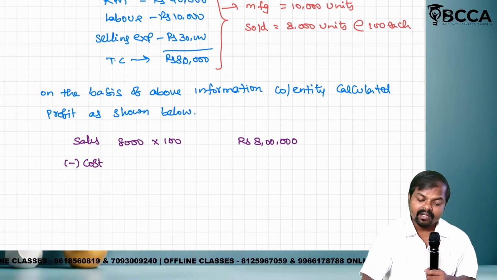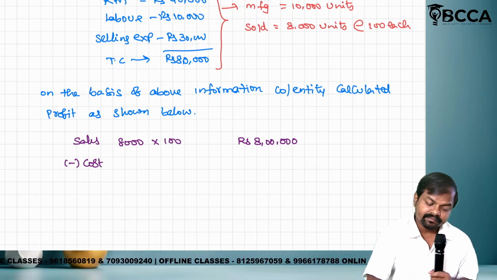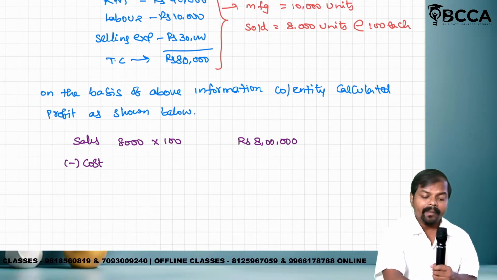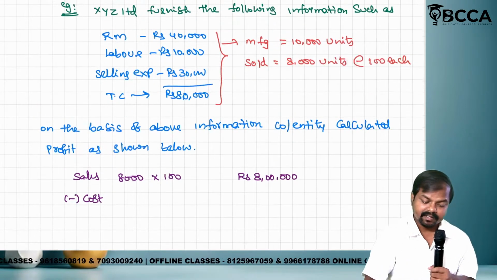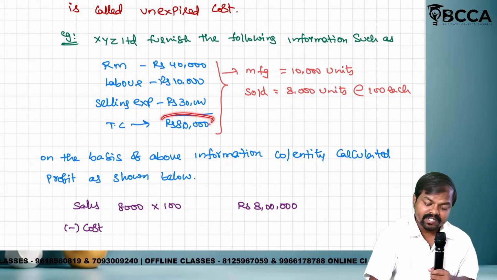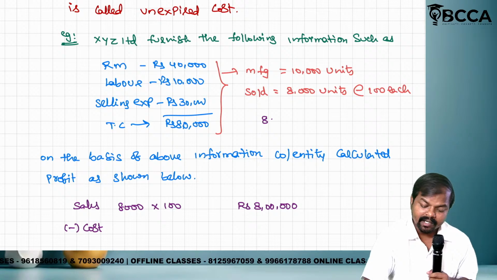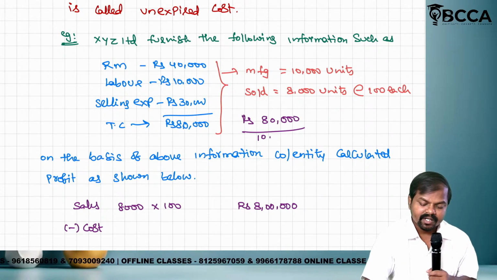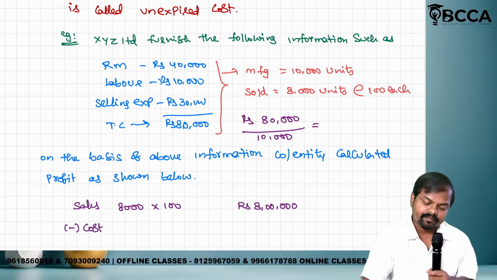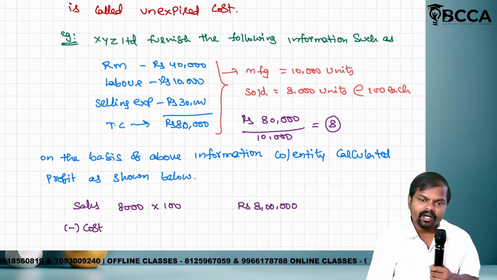Listen carefully. How much did they spend? 80,000 they spend, for how many units? 10,000 units. So per unit cost is 8 rupees.